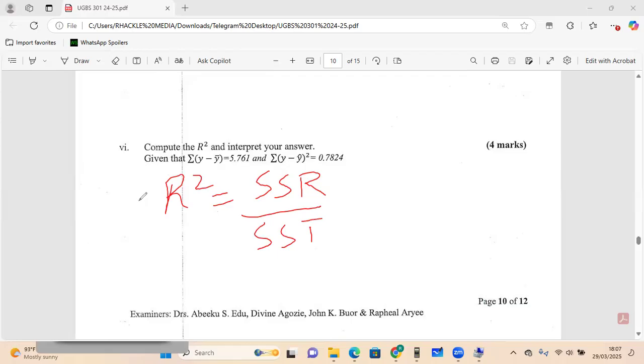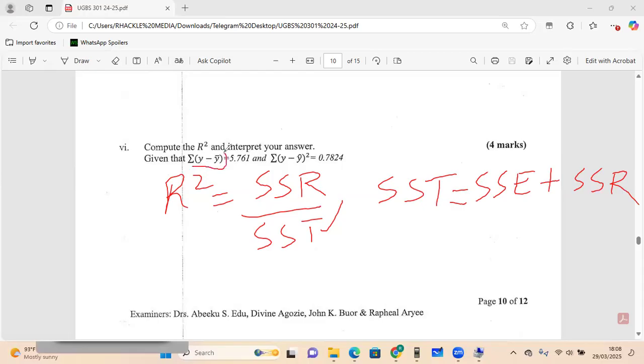So now, let's try and solve for SST. SST is equal to SSE plus SSR, right? This, for example, should have been the formula for SST, but they didn't square it. So SST's formula is going to be the summation of y minus y bar squared, right?